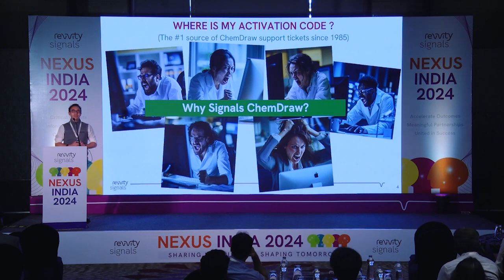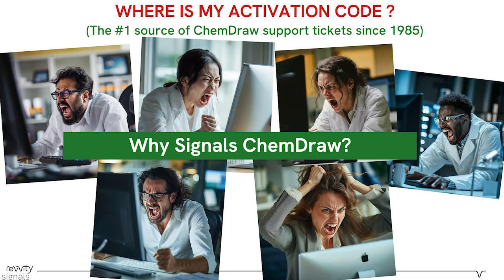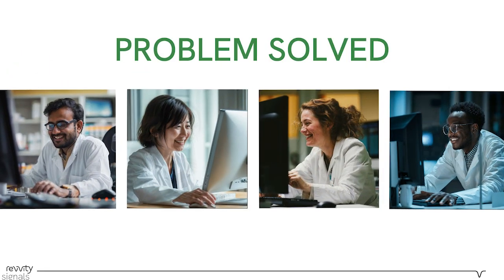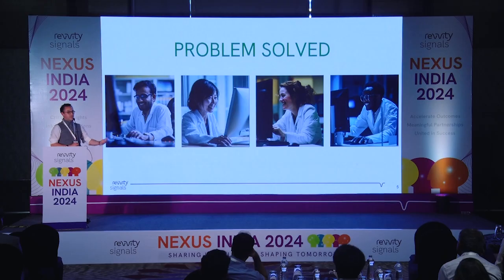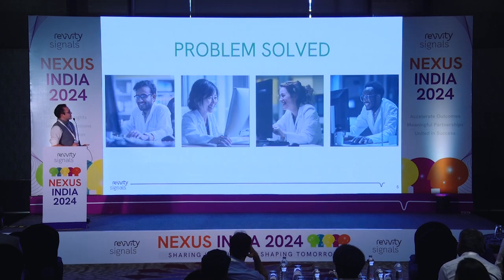So one of the things that we wanted to address is to change that and make ChemDraw a modern software technology that has regular updates, automatic updates, continuous improvements, continuous bug fixes, new features. And that's really what Signals ChemDraw is about.